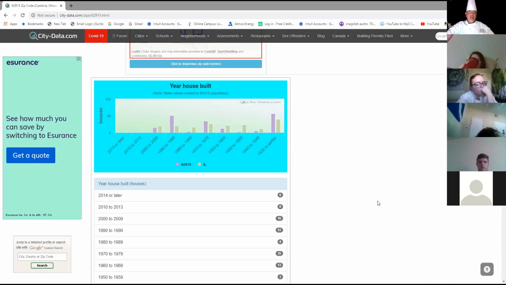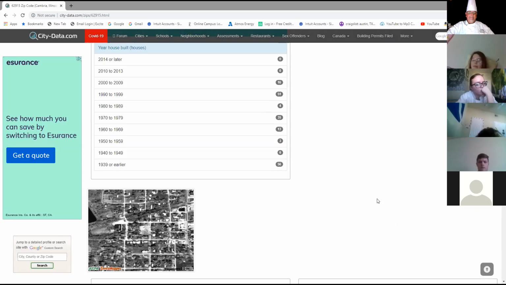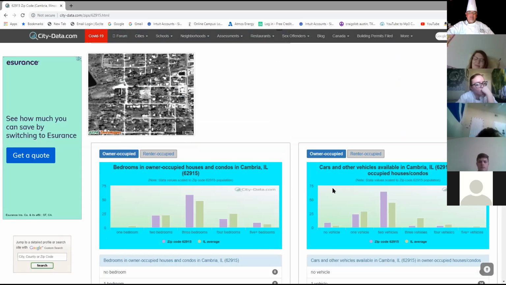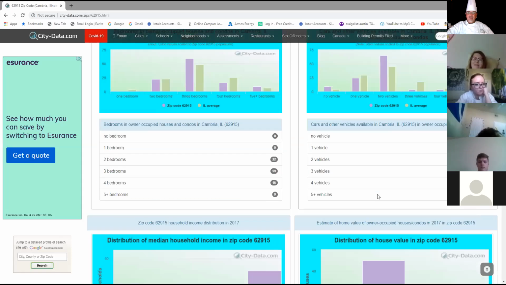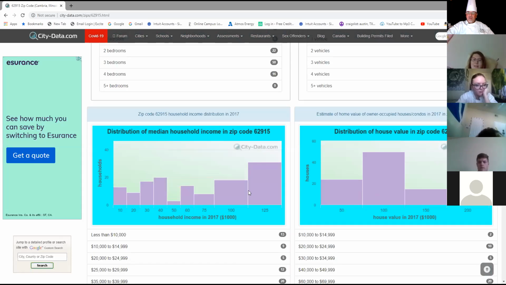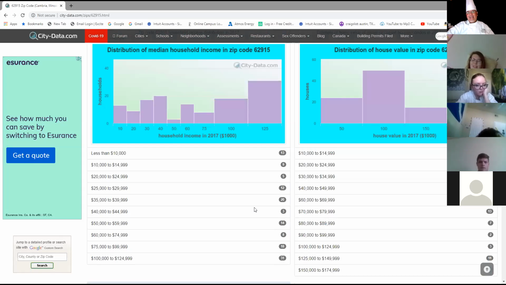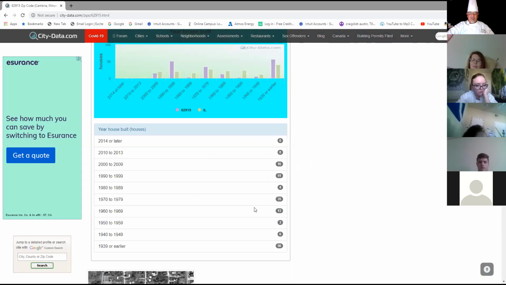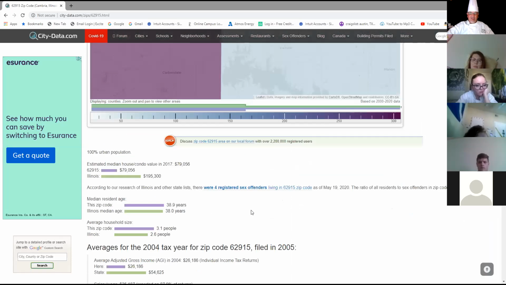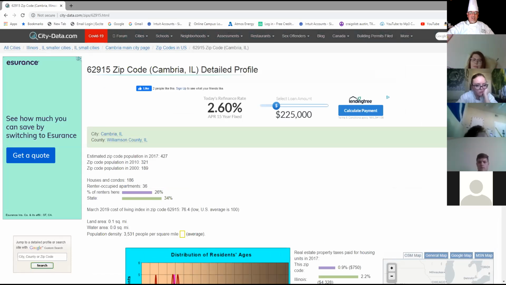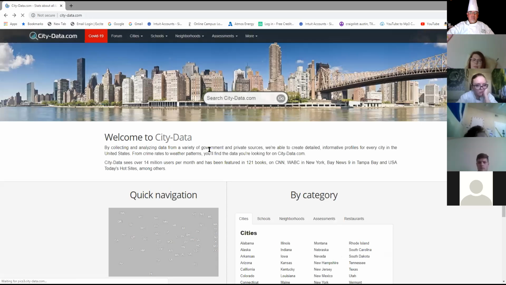House built in what year? Bedrooms, cars, median household income, house value, zip code. So it gives you all this information on city-data.com. So you have the link. Start filling in your project.